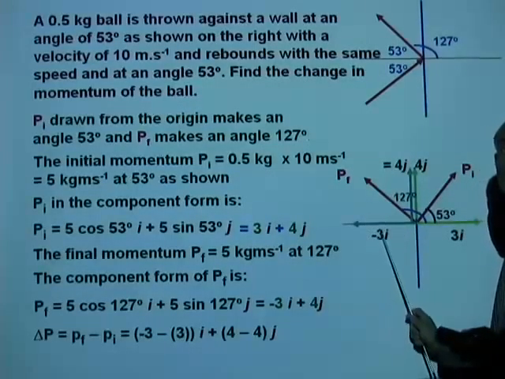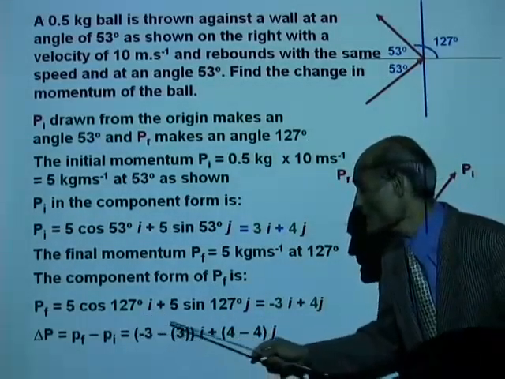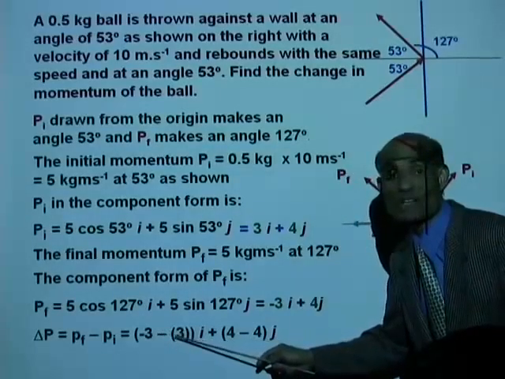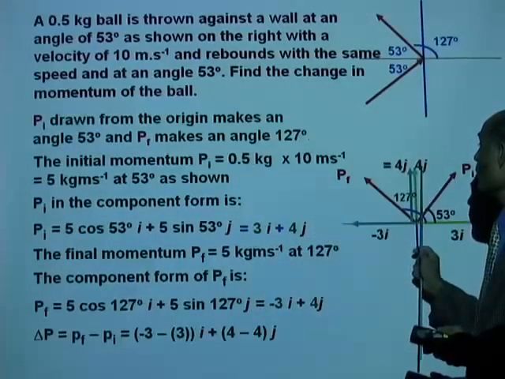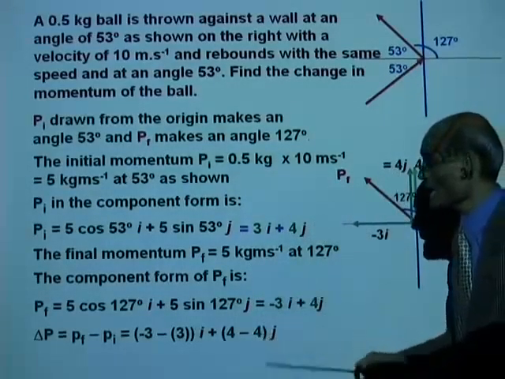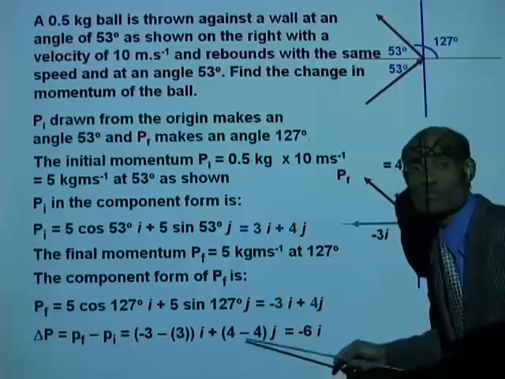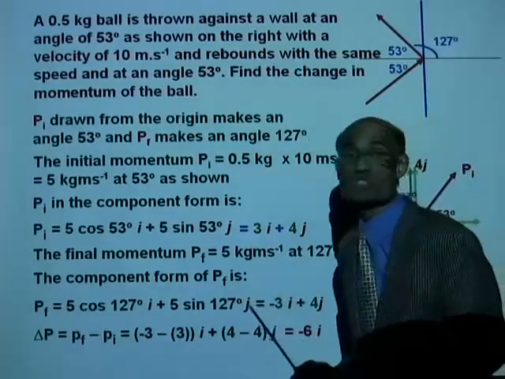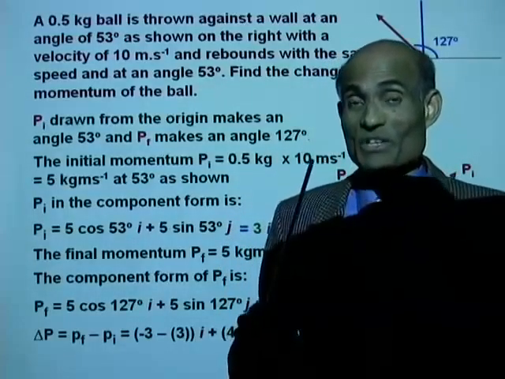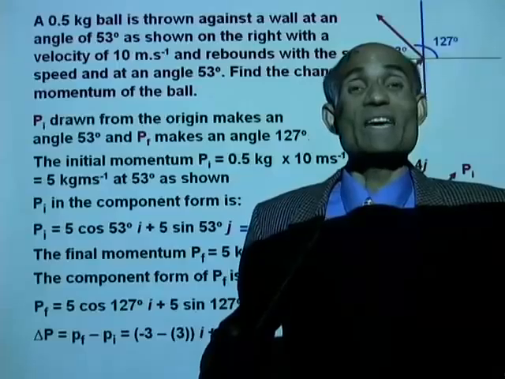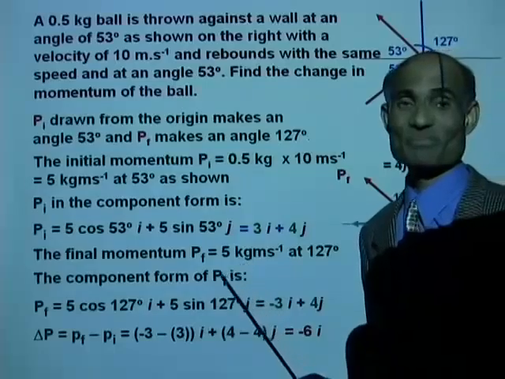It will be negative 3 minus 3I. Plus, what is the change in the y momentum? 4 minus 4J. And that is negative 6I plus 0J. In other words, the change in momentum of the ball is negative 6 units in the negative x direction. A very important type of problem.